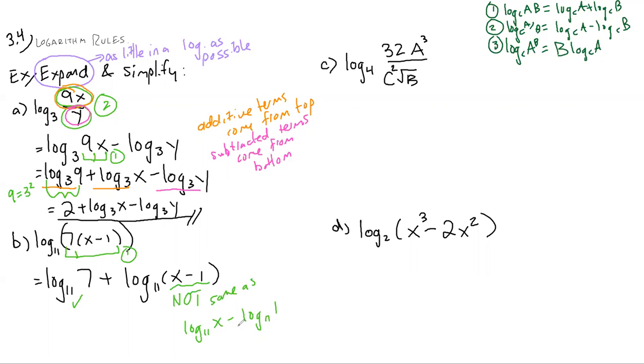That would actually just be log base 11 of x, because you could recombine them using that second rule, and that is not what we have here. So there's no rule for splitting this up. There's no rule for addition or subtraction in a log. So we're actually done. This is as simple as this one gets.